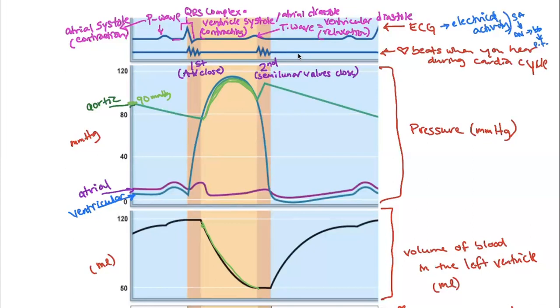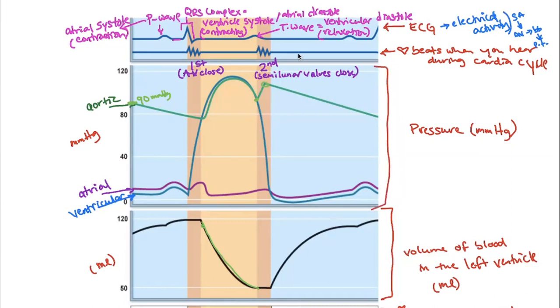Going to dip a little here at the dicrotic notch. I'm sorry, I should back up. The dicrotic notch is right here after the semilunar valves close, and then blood in the aorta bounces off the closed aortic semilunar valve and bounces back up and then goes back down. So that's here. All right.